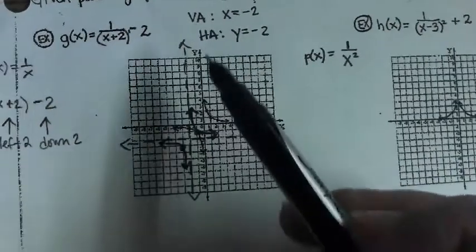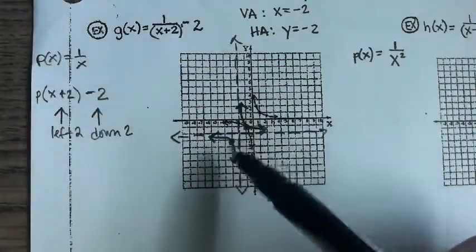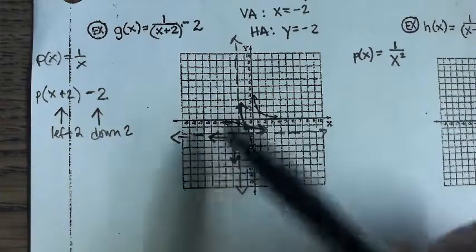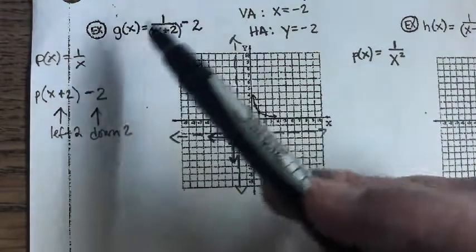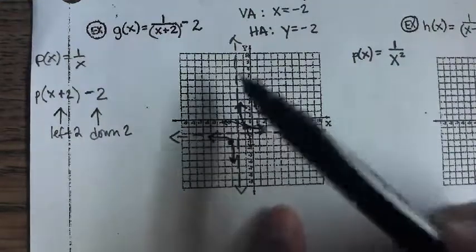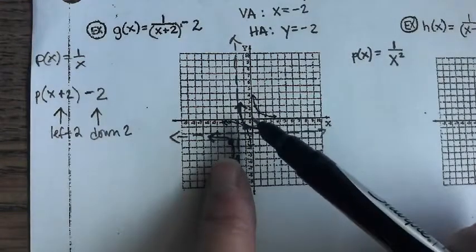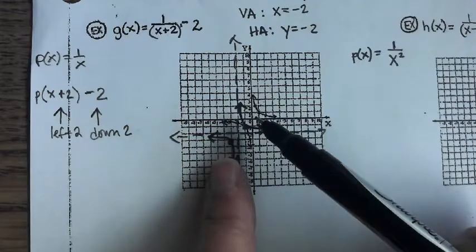Yes and no. For the parent graph, yes. But this is no longer an odd function, because once you move it, it still needs to be truly symmetrical to the original origin, and it's not.